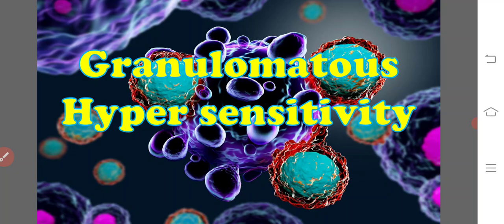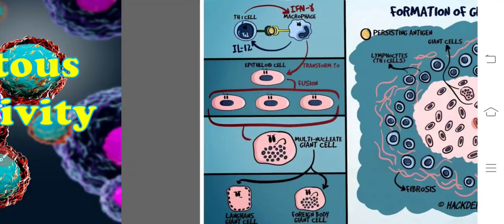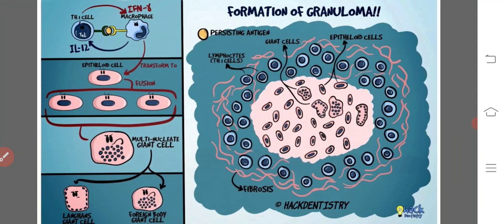Granuloma formation is driven by T cell activation of macrophages and is dependent on tumor necrosis factor TNF. Diseases manifesting type 4 granulomatous hypersensitivity are leprosy, tuberculosis, schistosomiasis, sarcoidosis, that is enlargement of the lymph nodes, and Crohn's disease, that is chronic inflammatory disease in the ileum and the colon.